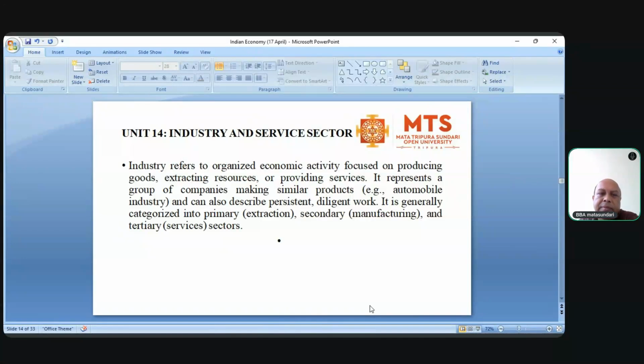You can classify industry into various types on the basis of various parameters. And the agricultural sector and industrial sector are both changing very rapidly due to the introduction of modern technology or automation.